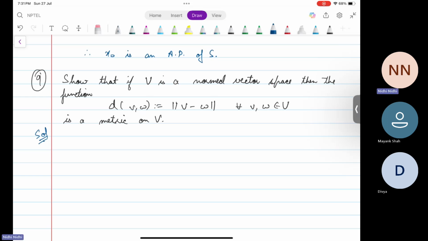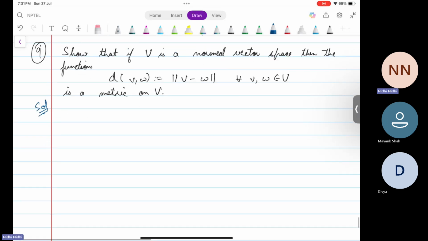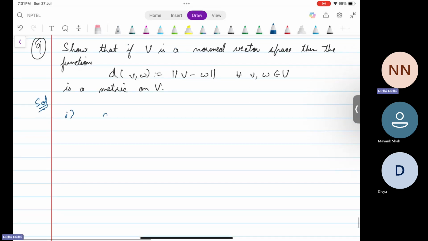Again, we'll have to check the properties of the metric, those four properties. Clearly, by the property of norm, we know that this norm is always positive. Next comes d(v,w) is equal to 0.